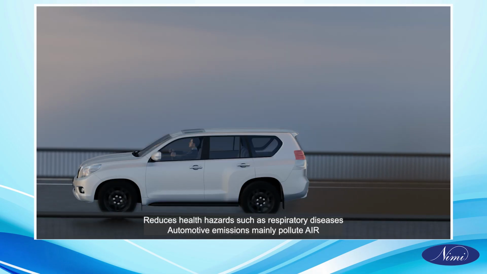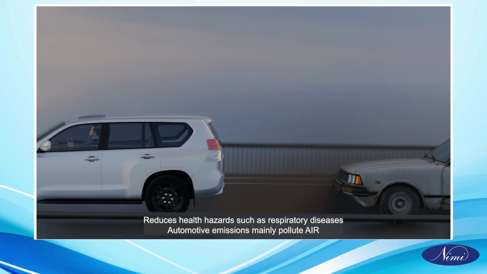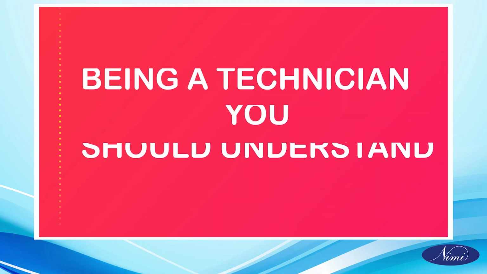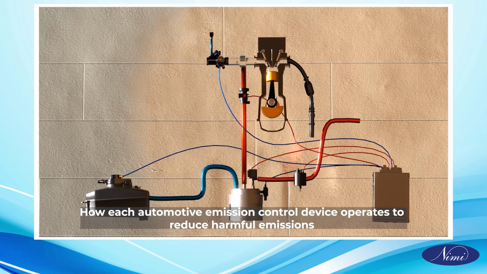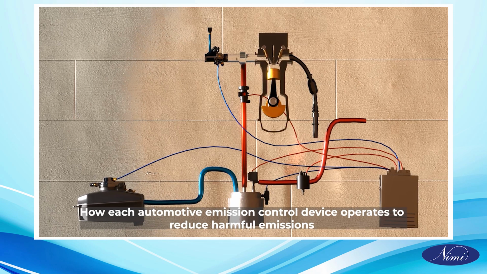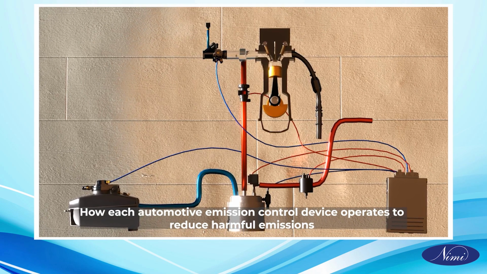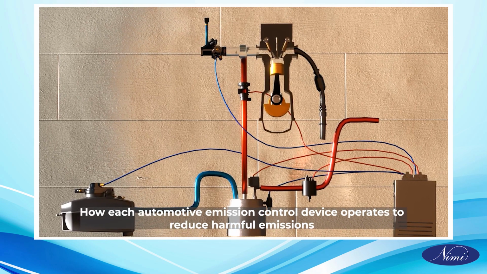Automotive emissions mainly pollute air. Being a technician, you should understand the types of vehicle pollutants, allowable standards for these pollutants, and how each automotive emission control device operates to reduce harmful emissions.